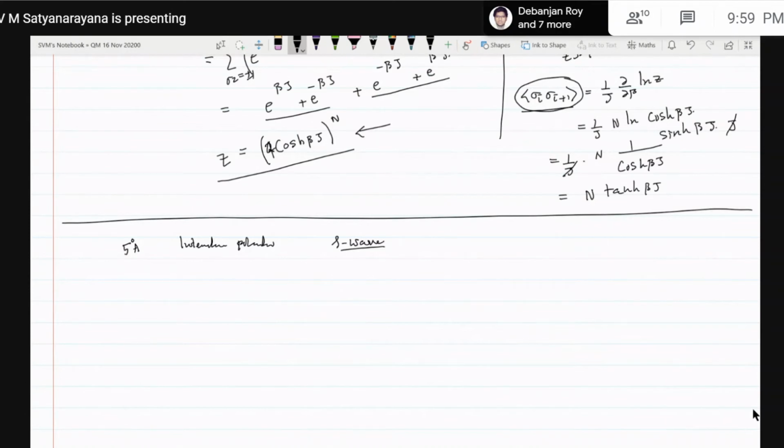500 K, 100 Kelvin, 1 Kelvin, 1 millikelvin. 1 millikelvin. Yes.